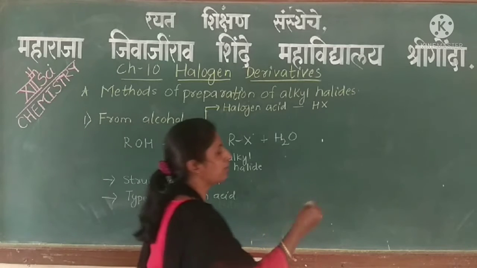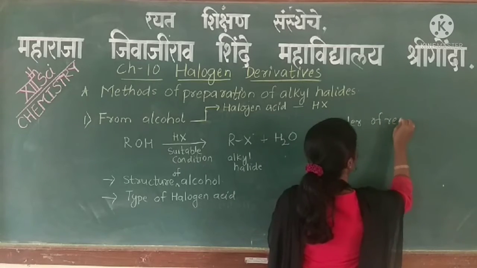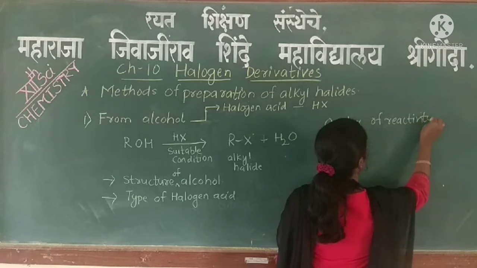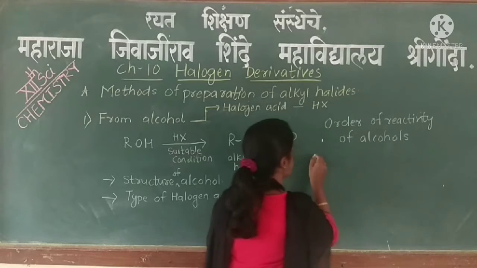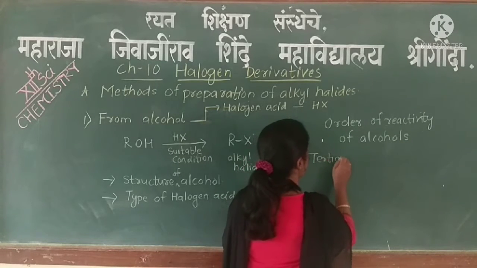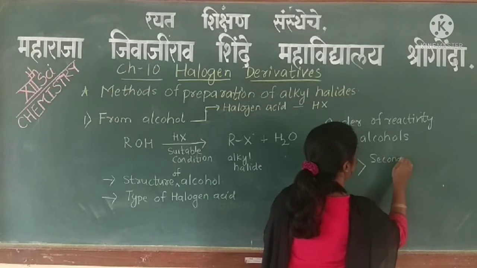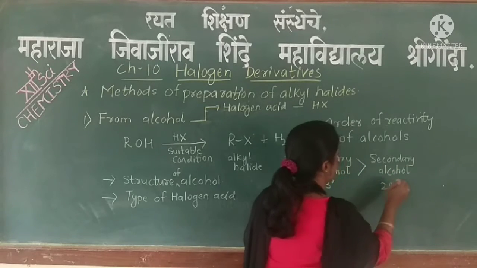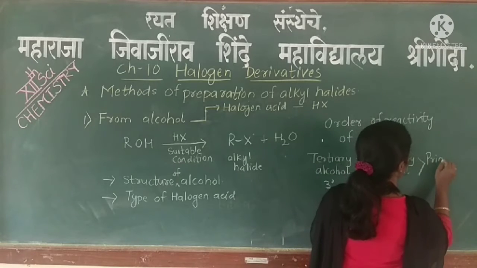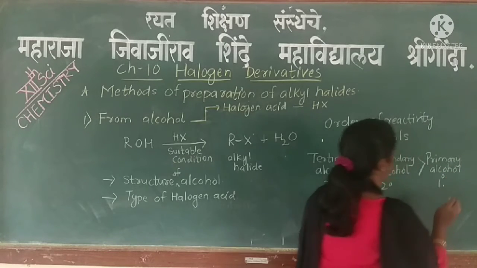So we can write the order of reactivity of alcohols as: tertiary alcohol, that is 3-degree, reacts faster than secondary alcohol, that is 2-degree, and it reacts faster than primary alcohol, that is 1-degree alcohol.